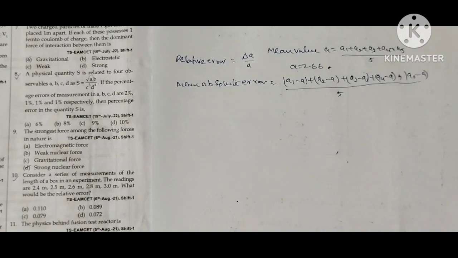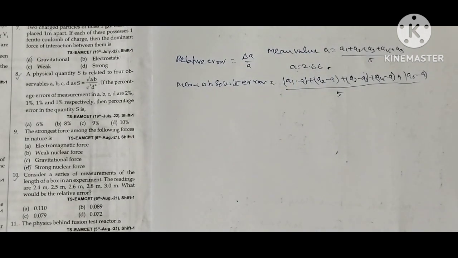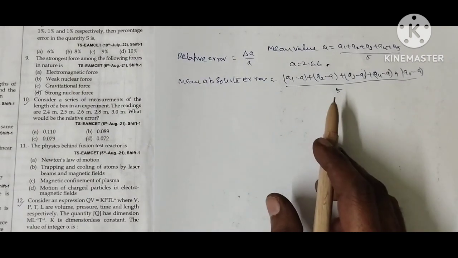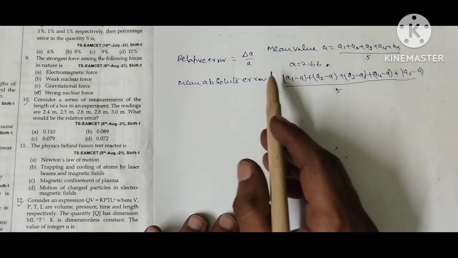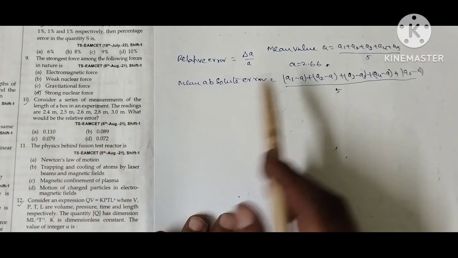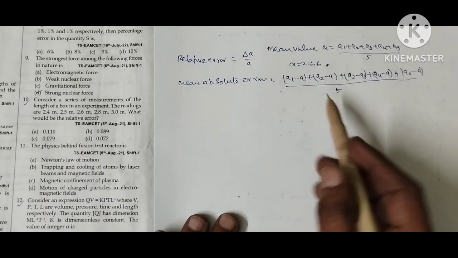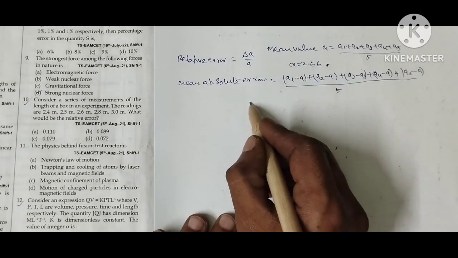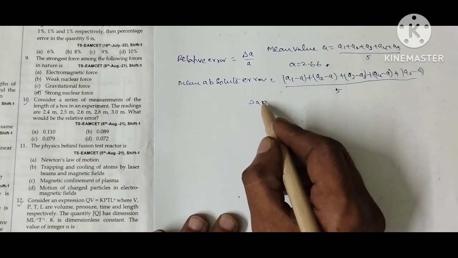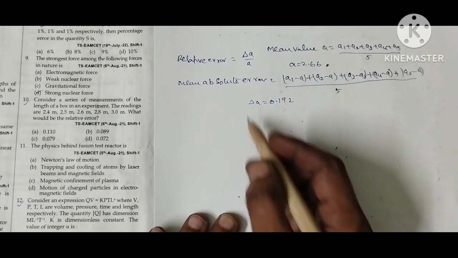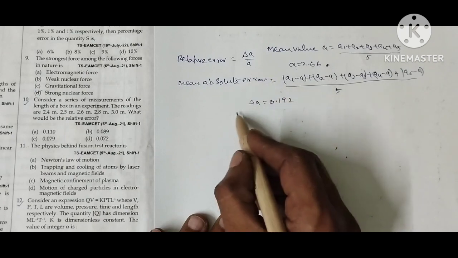So this is the formula. You know the value of A. Continuing on this, if you substitute the values, 2.4 minus 2.66 mod, all should be added. Finally you will get the value of delta A as 0.192.